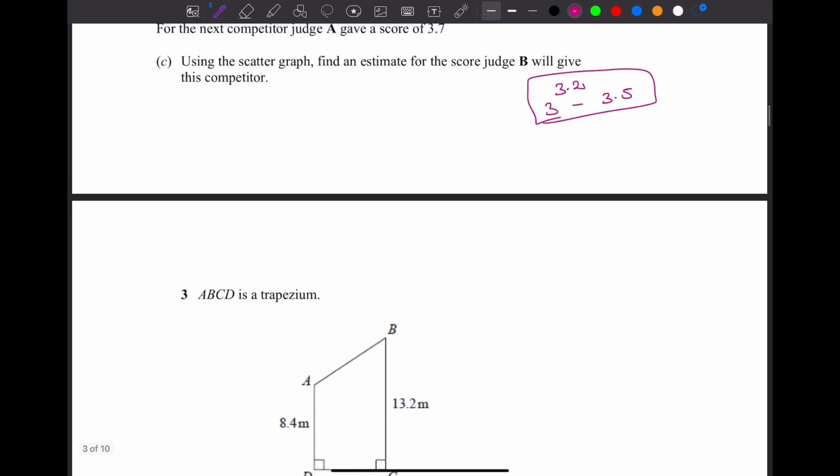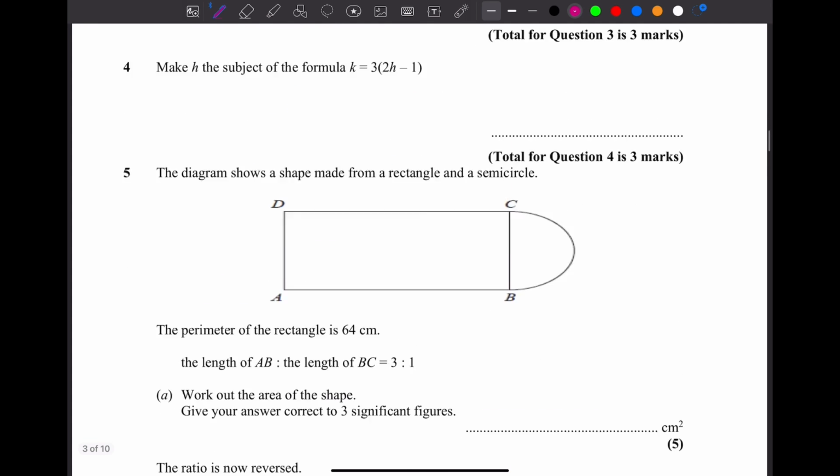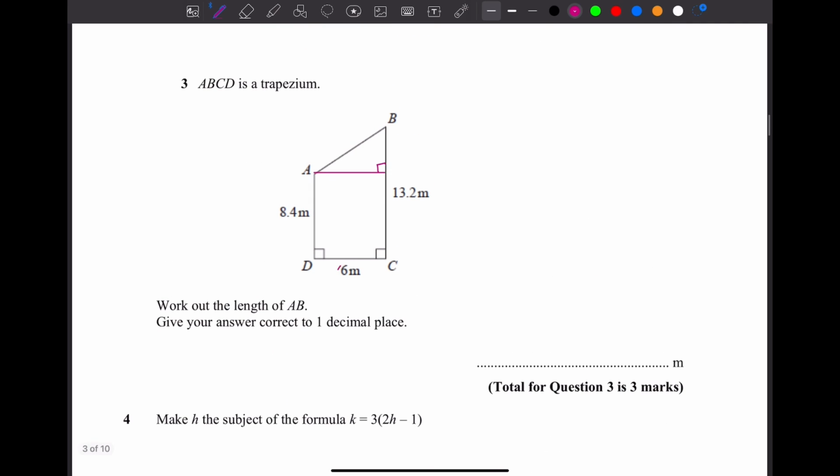Okay. ABCD is a trapezium. Work out the length of AB. Cool. So you know that's 8.4, that's 13.2. If I make it a right angle triangle, I know that if this is 6, this is also a 6. 13.2 take away 8.4 will make it 4.8 here, from here to here.